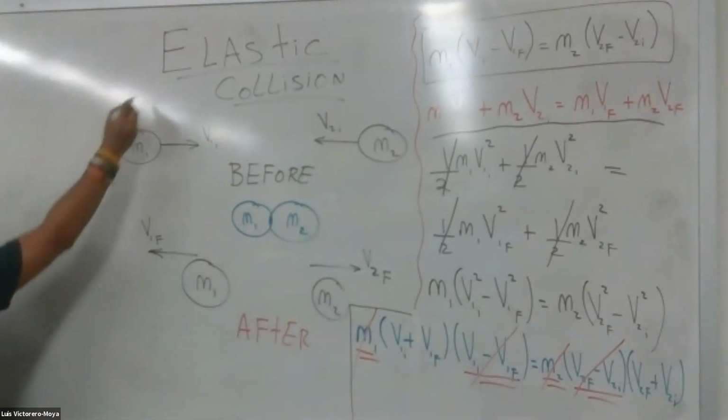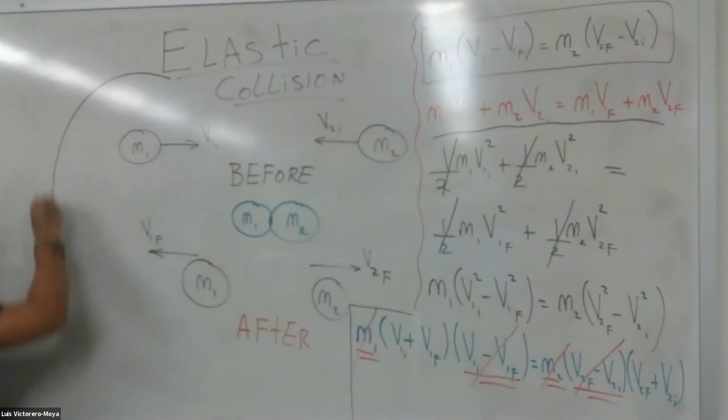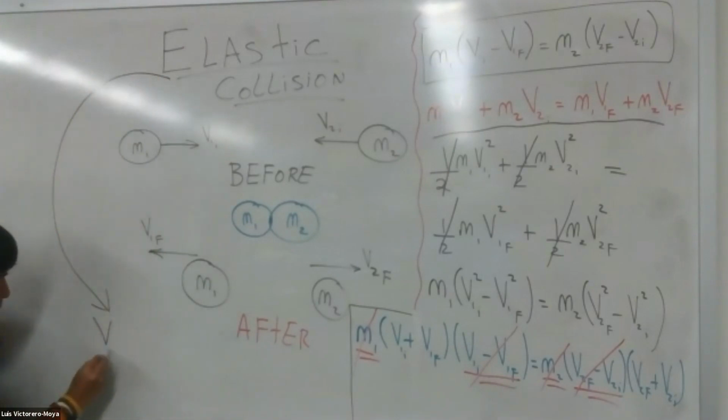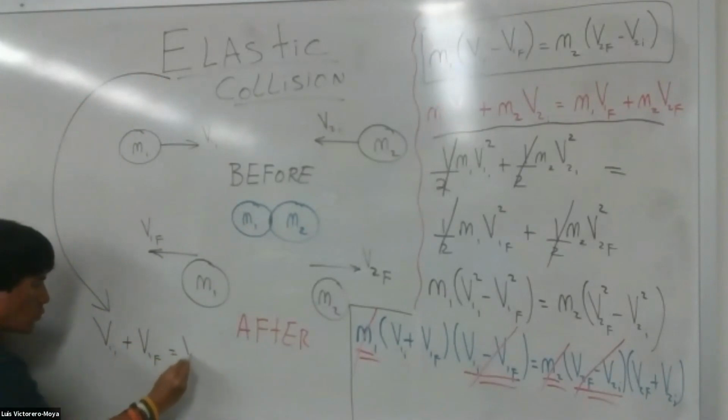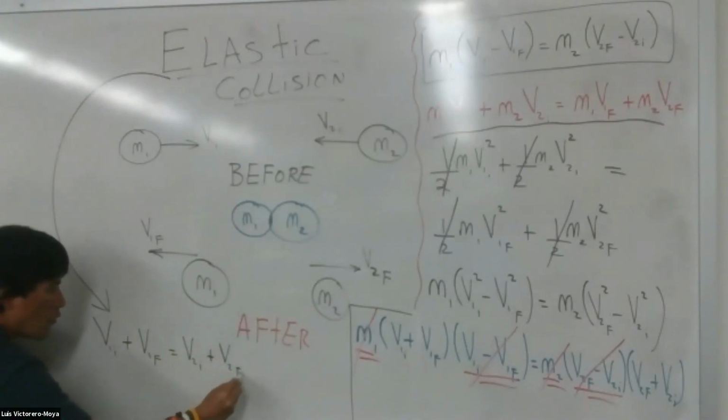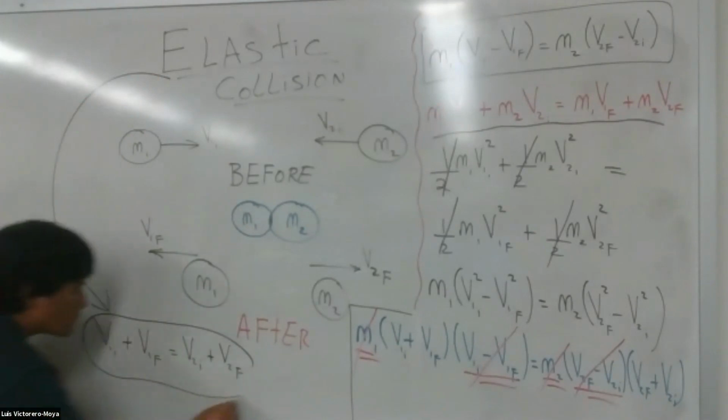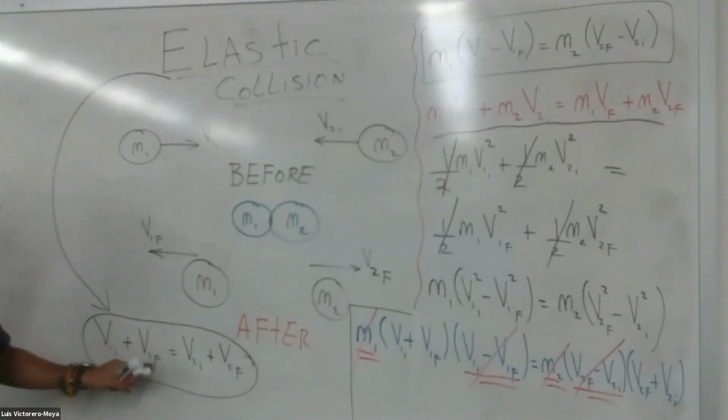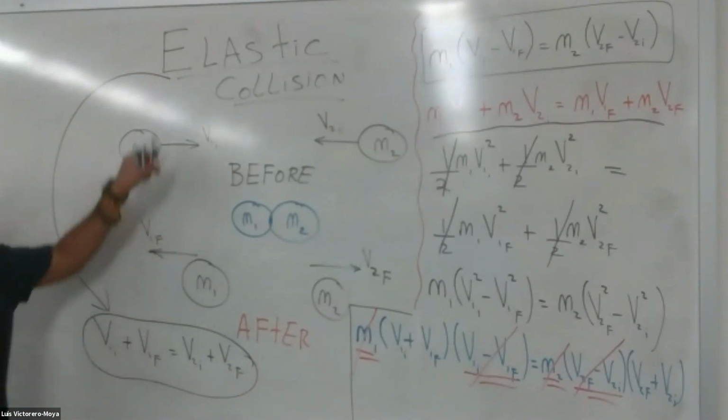The consequence for an elastic collision, only for the elastic collision: V1 initial plus V1 final is equal to V2 initial plus V2 final. This is only true for elastic collisions.